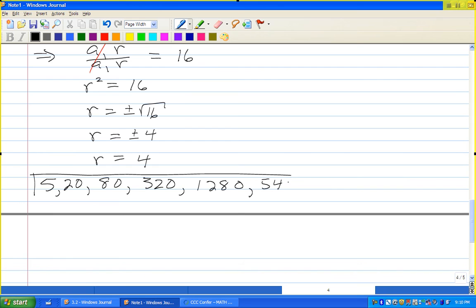And so the first 5 terms of the sequence are 5, 5 times 4, 20 times 4, 80 times 4, 320 times 4, 1280.